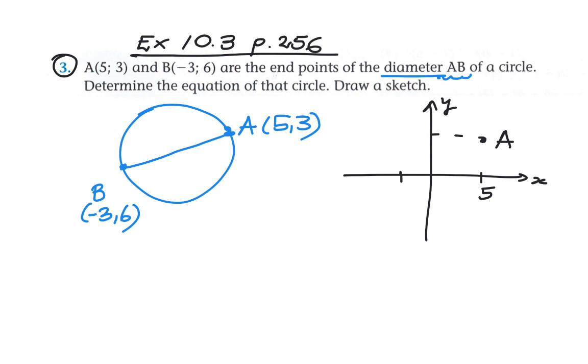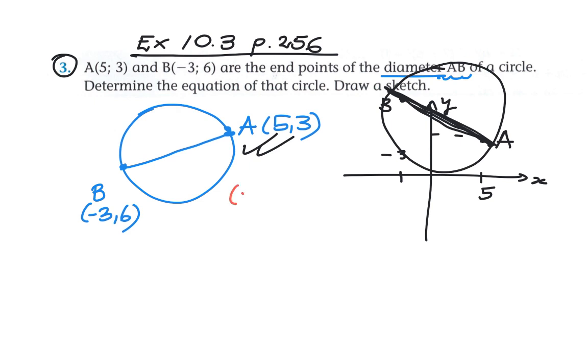So if I have -3 and 6, that will be my point B there, and there I will try to sketch the circle, obviously with AB as a diameter. Okay, so it's a bit difficult to do it on this screen, so this one will have to be good enough for us.